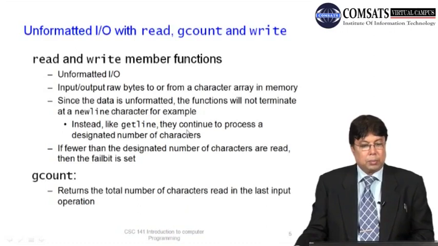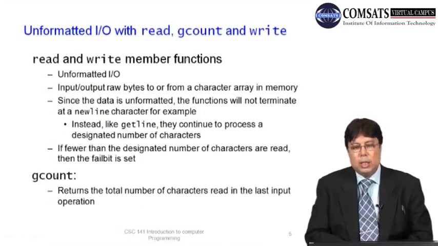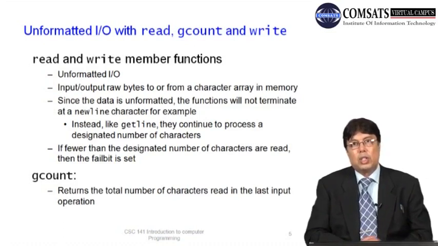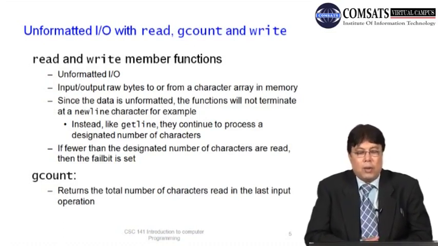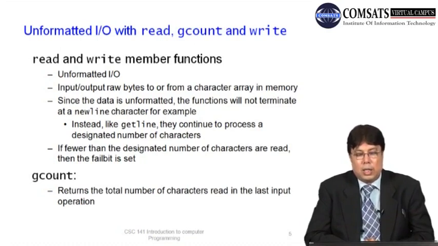Now, unformatted IO with read, gcount and write. We have used, I think, the read and write member functions while handling files. So we can perform unformatted input and output with read and write. Input is from read and output is from write. Since the data is unformatted, the function will not terminate at a newline character.